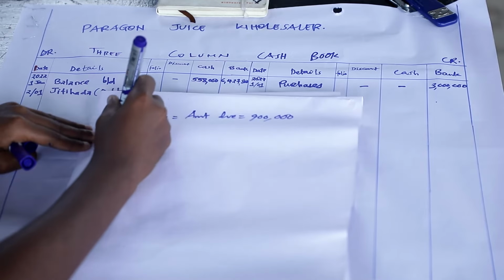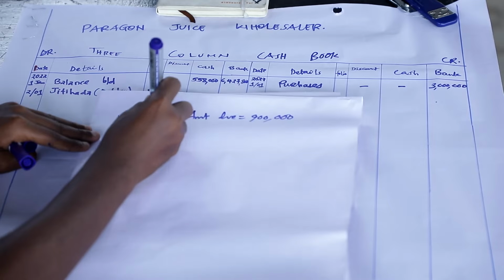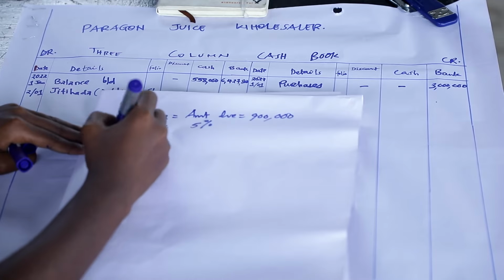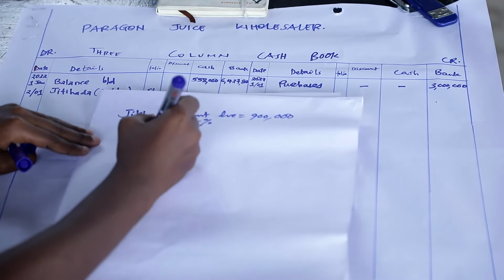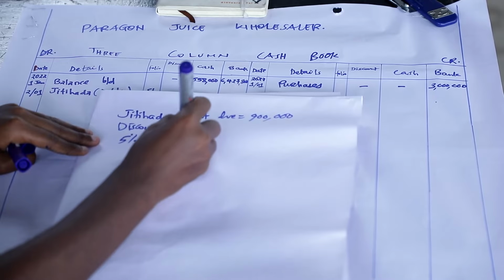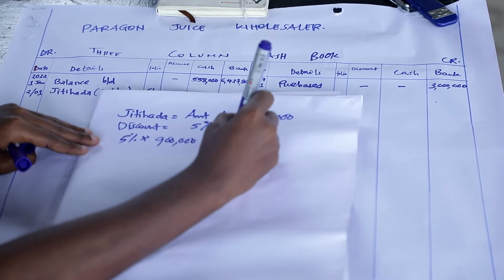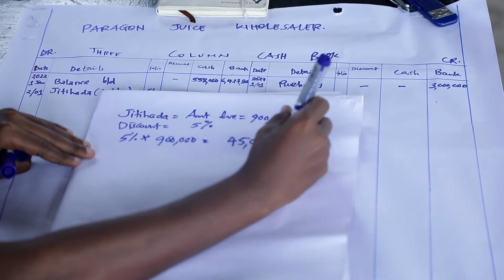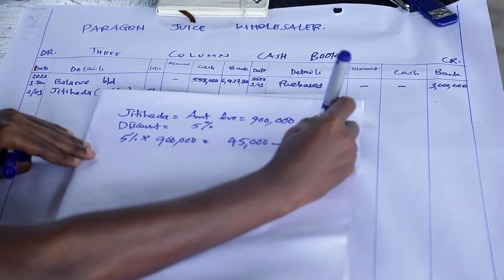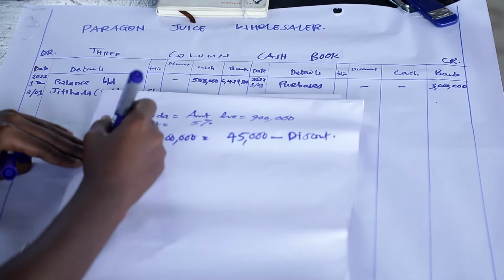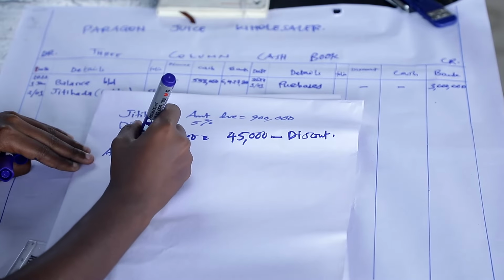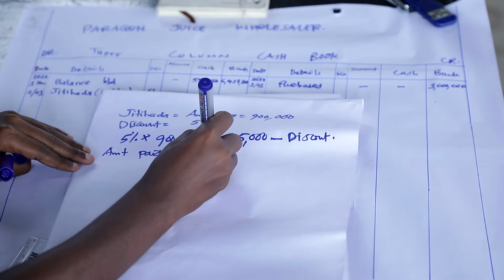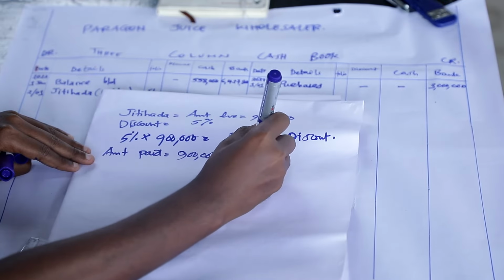So we give him a discount of 5%. 5% of 900,000 will be equal to 45,000. So this 45,000 is the discount amount. After that, the amount paid by Jitihada will be equal to 900,000 minus 45,000.